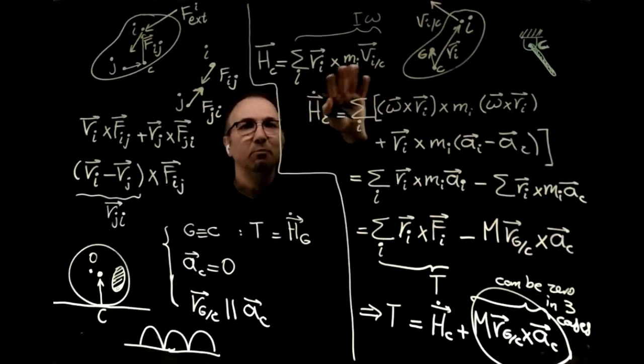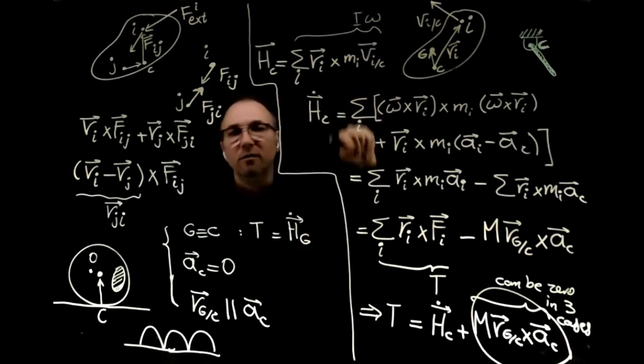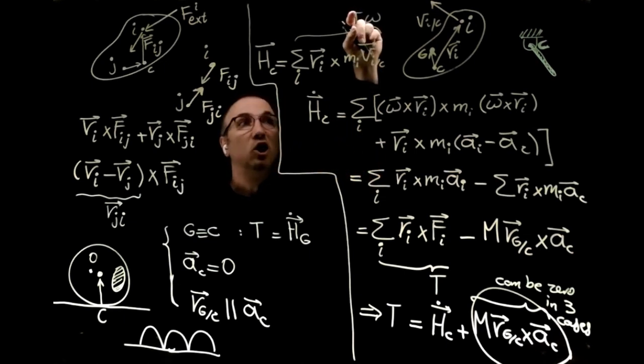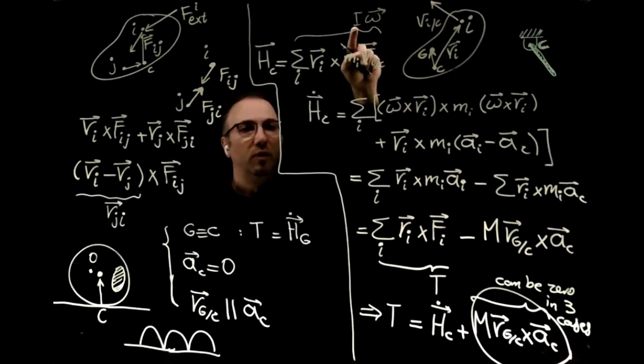Then that can be written as I, which is mr squared, the sum of mr squared. So it would be I omega. And the derivative of that would be I alpha for 2D systems. And this would be a number. This would be a vector. All right. But for 3D systems, this would be a tensor. This would be a 3 by 3 matrix.